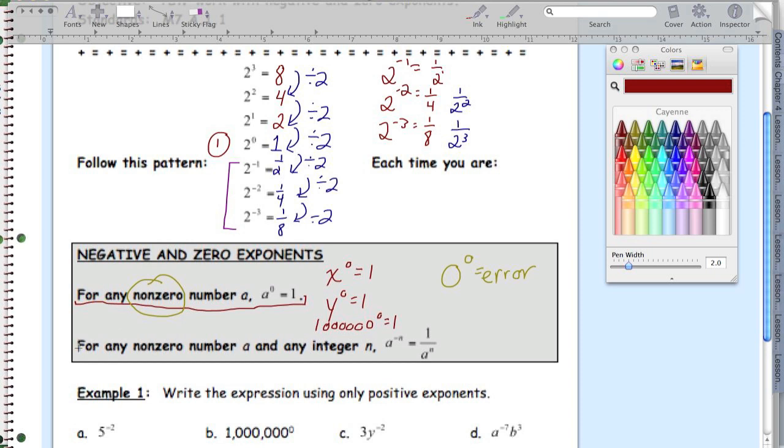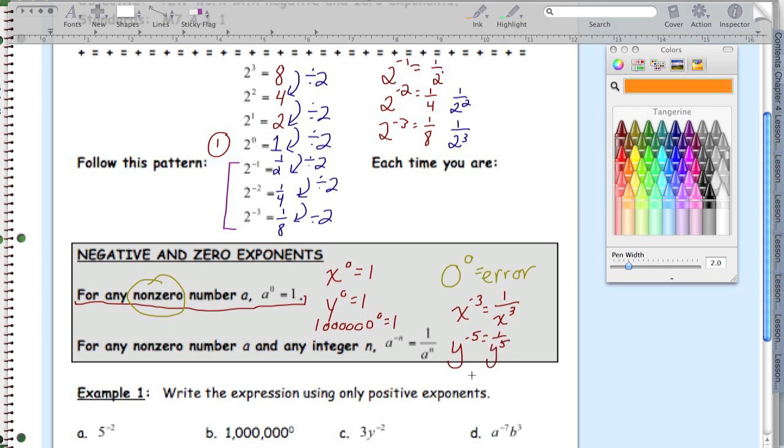So the rule here is for any non-zero number a and any integer n, a to the negative n equals 1 over a to the positive n. That sounds like an awful lot, but here's what's happening. If you have x to the negative 3, that's the same as 1 over x to the positive 3. If you have y to the negative 5, that's the same as 1 over y to the positive 5.